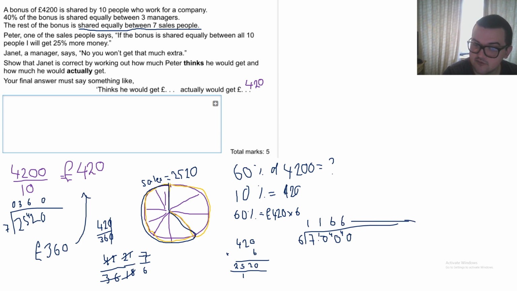And that goes on forever. So 1.16 recurring. The percentage increase is going from 1 to 1.16. The difference is 0.16. Multiply this by 100, and there's a 16.6% increase.